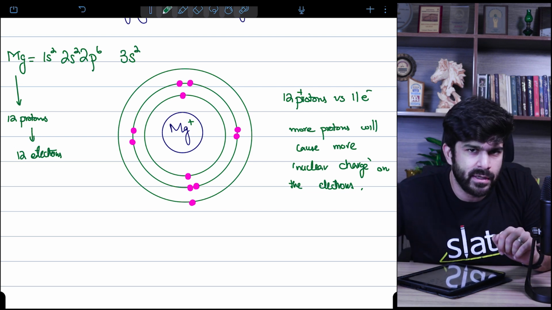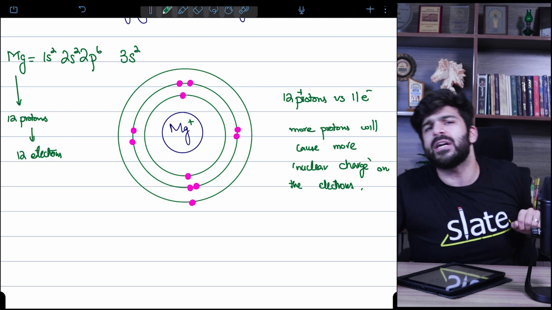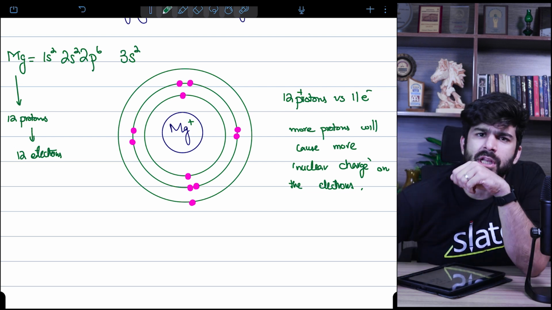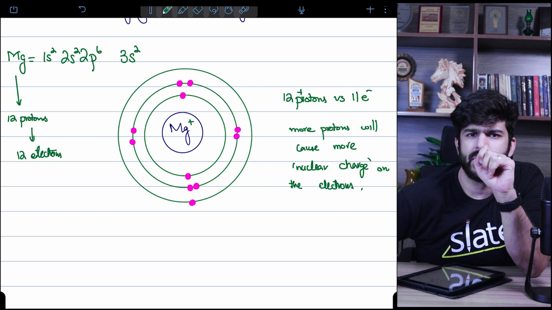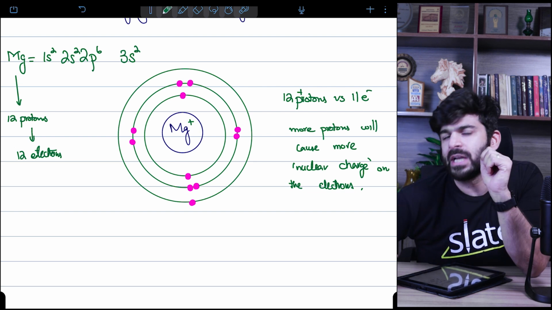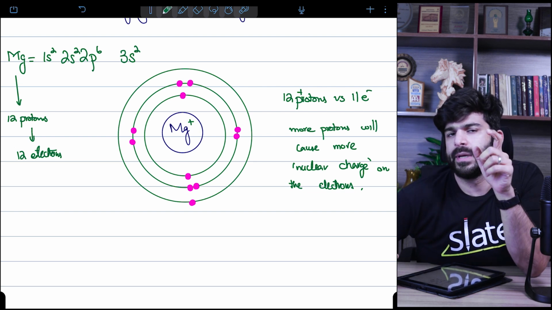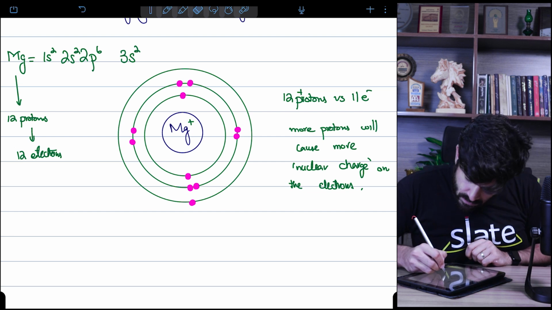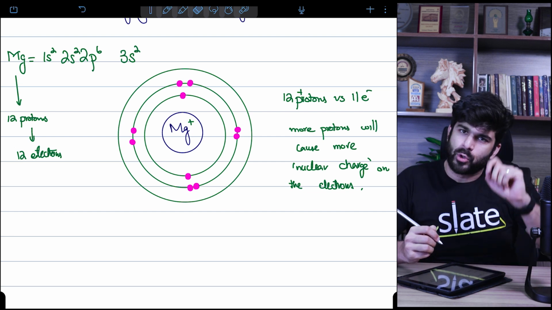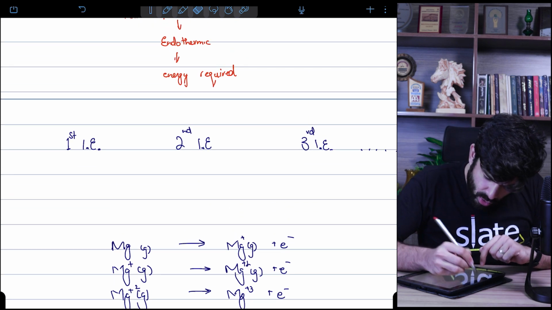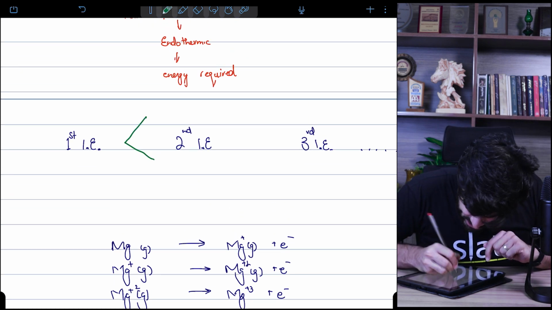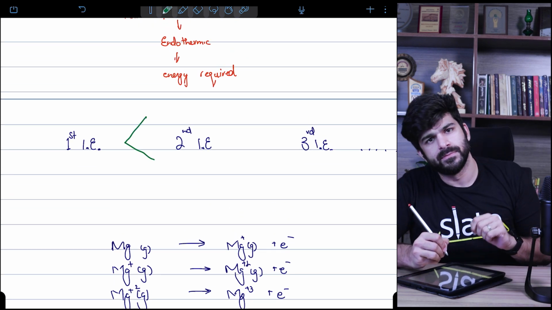So what do you think? Now is it easier to remove the electrons, or is it difficult? We need more energy to remove the next electron now, because there are more protons attracting fewer electrons. So we know that the second ionization energy is more than the first ionization energy.